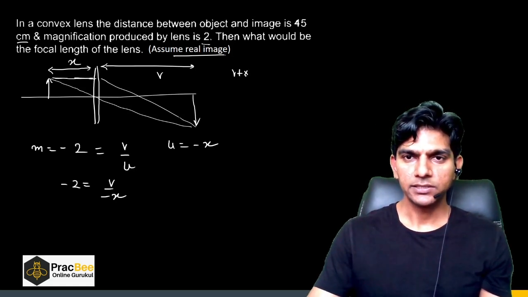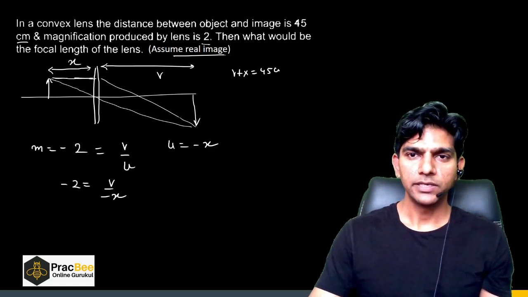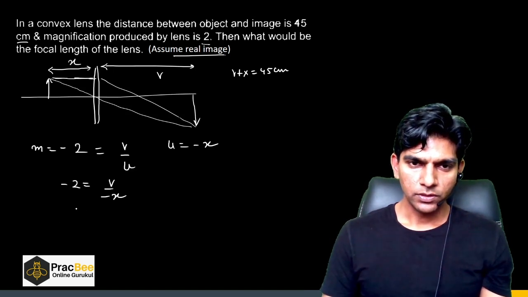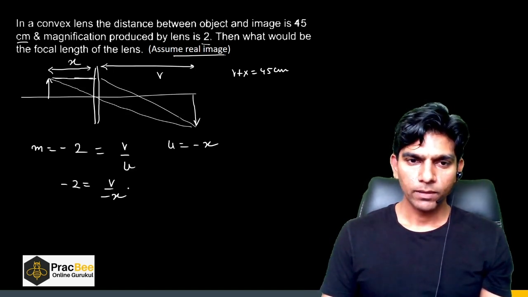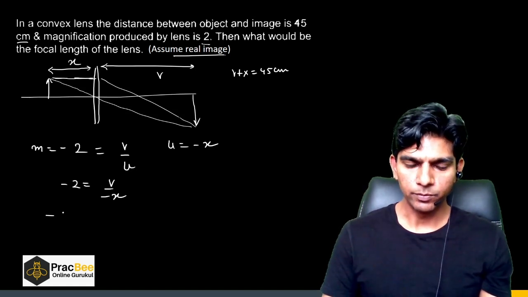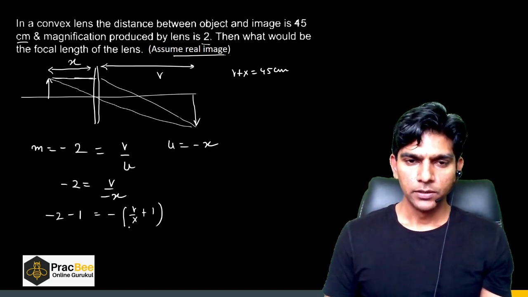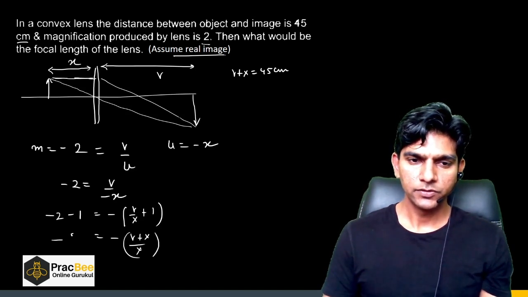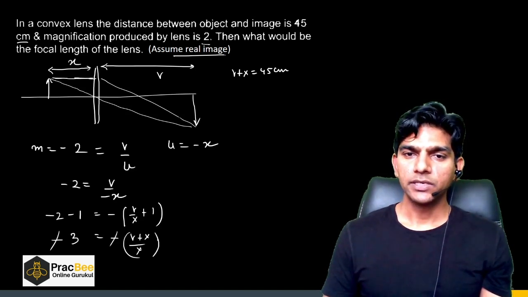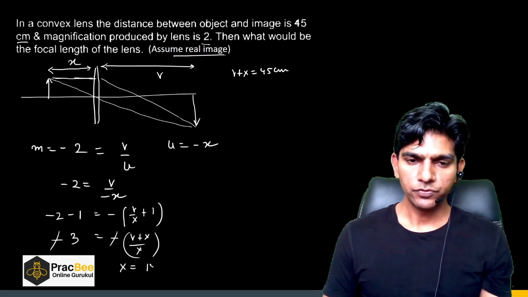So V plus X is given as 45 centimeter. If I subtract 1 on both sides, -2 minus 1 is equal to minus V plus X by X. So this will be -3. Now V plus X is 45, so X will be 15 centimeters.